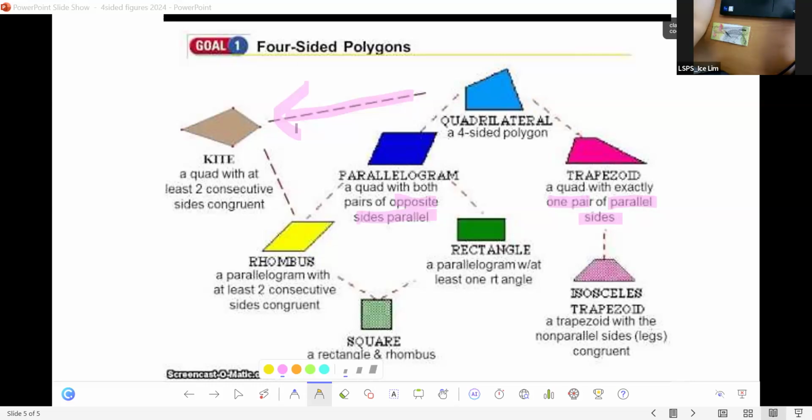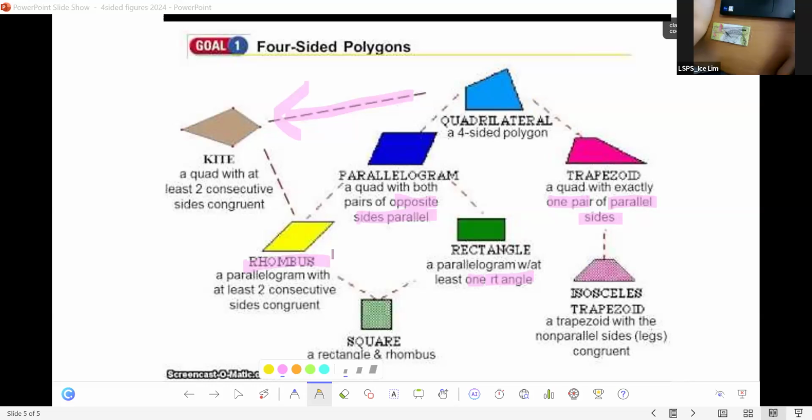When you add another property, the shape changes. So if you look at it here, you recognize that the parallelogram is the bigger umbrella. If the parallelogram has a right angle, the parallelogram is now known as a rectangle. And if the parallelogram has all four sides being equal, it becomes a rhombus.